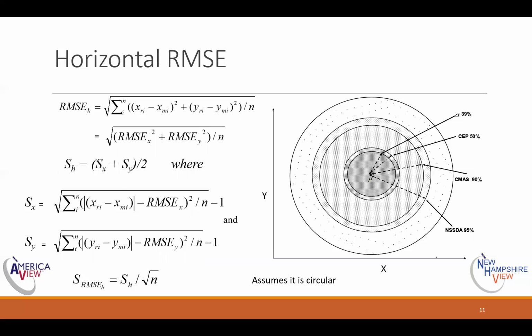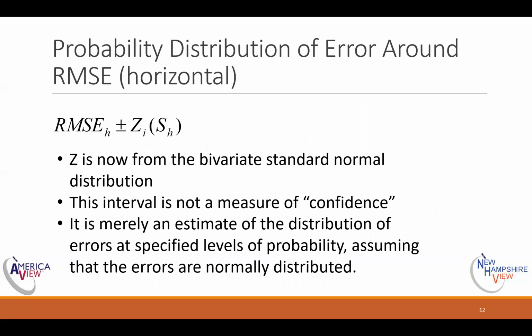And that is another assumption that may not hold. So again, there are a lot of things that you have to think about here. But you can see the equations are pretty straightforward, just like they were for the vertical, except they have the complexity now of incorporating both the x direction and the y direction.